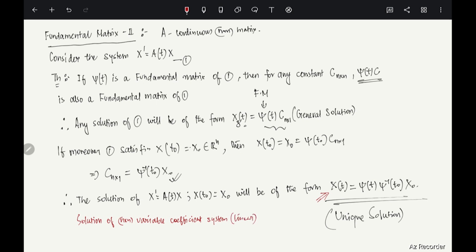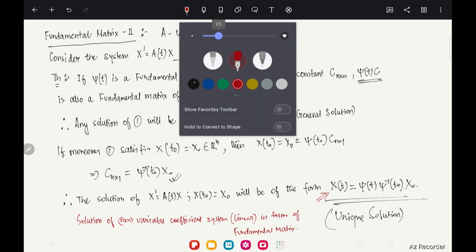So you have to have a linear system, n cross n variable coefficient, in terms of the fundamental matrix. So basically in terms of the fundamental matrix, this will be the solution. Clear? And this is a unique solution. So this part is clear.